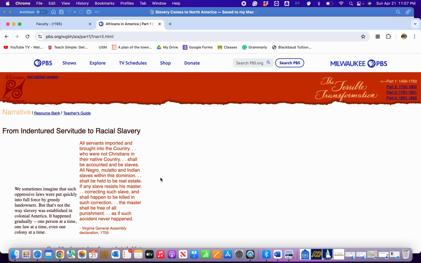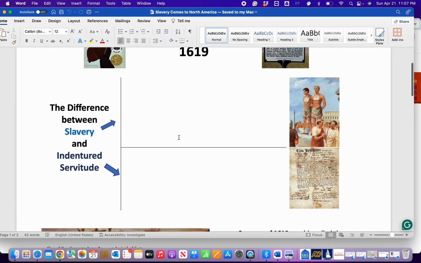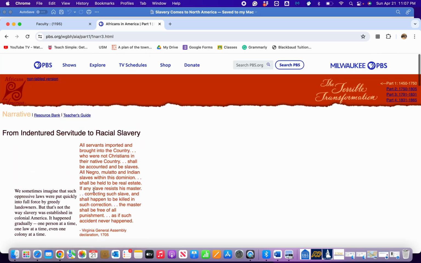This explains the difference between the two. It gives you some ideas, and you're going to read through this, and then you're going to add information right here between the two. And when I get back on Wednesday, we'll discuss the difference between these two things. But see if you can get it on your own by reading about it here.